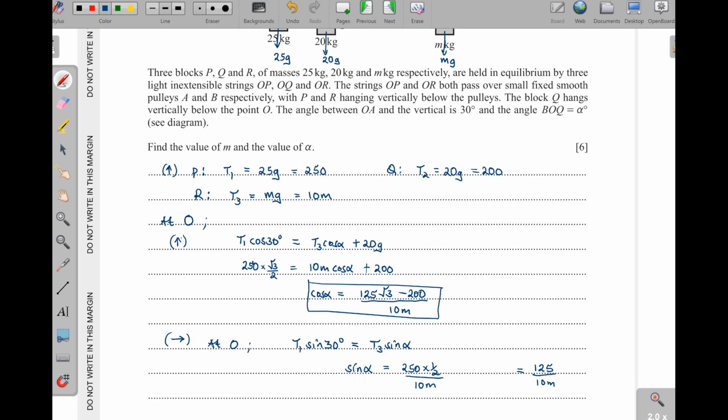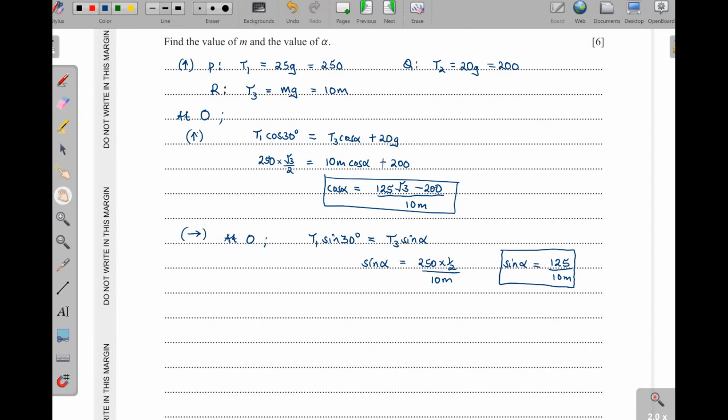So I have the cosine of alpha and then the sine of alpha. That means I can solve these two simultaneously to get alpha. So this is equation 1. This is equation 2. So dividing equation 2 by equation 1, then we shall get sine of alpha over the cosine of alpha.